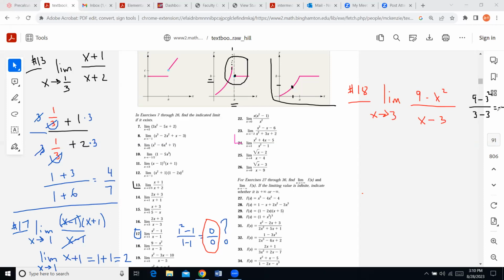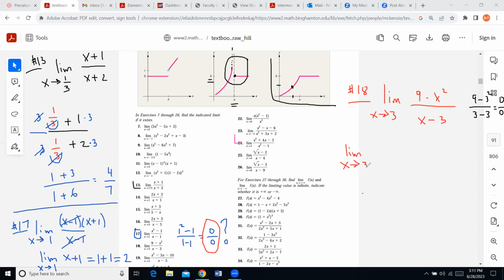So 0 is my denominator, and 0 is my numerator. It's indeterminate, it's again 0 over 0, so I have to keep working on this.